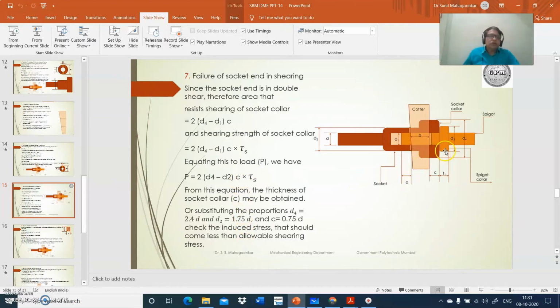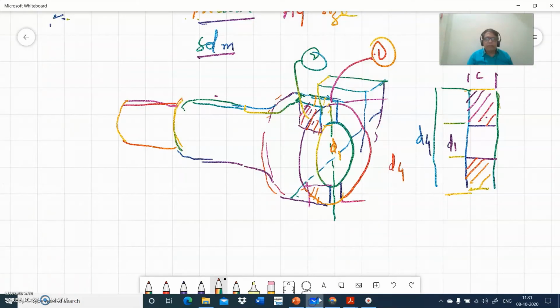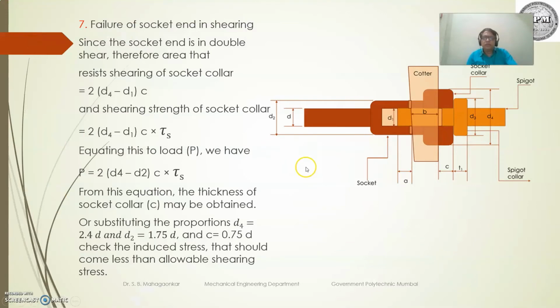It is not D2 here. It is D4 minus D1. So whatever value it is, I have to take the correct value here.